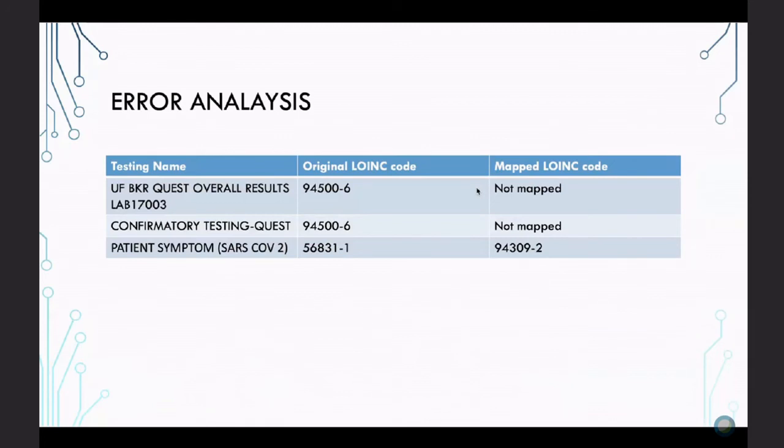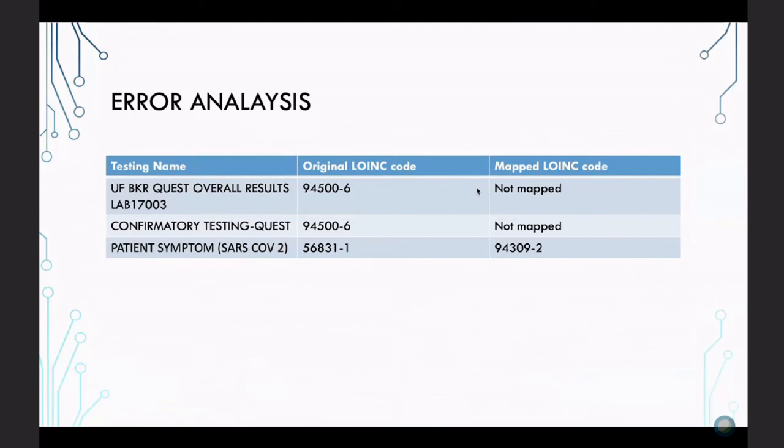We can find that we have two missing mappings, and one was wrongly mapped to another code. For the two missing mappings, both were missed because they don't contain a key entity of COVID-19. In our system, we define that a keyword of COVID-19 must be present in the text, then we can continue with the mapping.